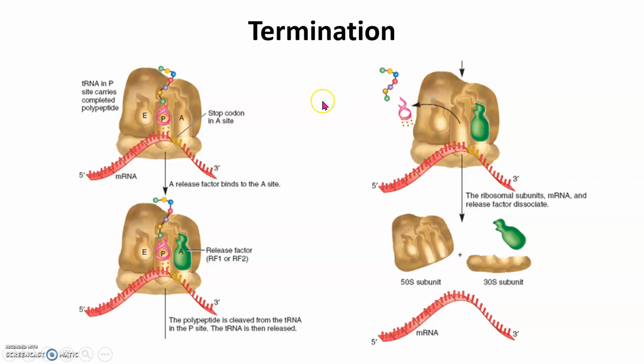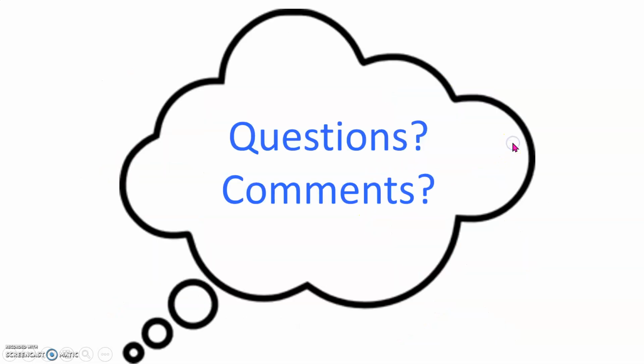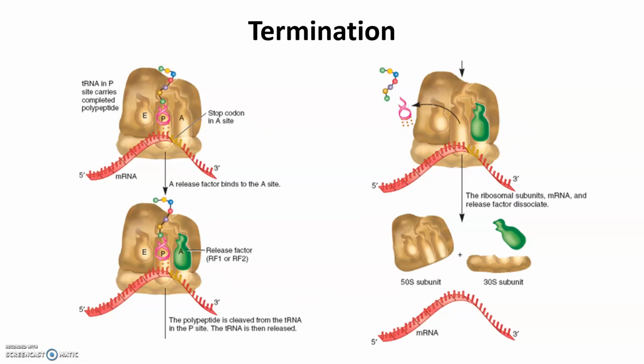The tRNA leaves uncharged. The polypeptide is free to be converted into protein, so to get folded. The mRNA dissociates. The 50S and the 30S come apart, and they'll probably be bound with initiation factors to keep them apart. And we can do this process over and over again. Okay, so initiation, we have initiation factors.